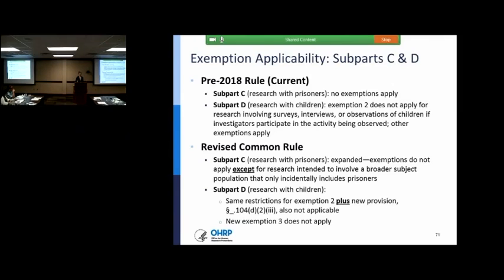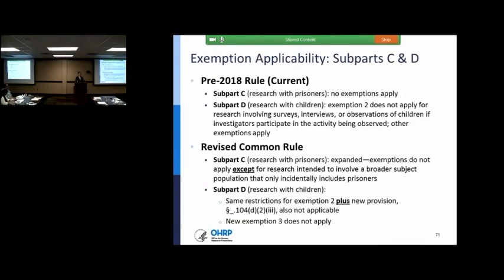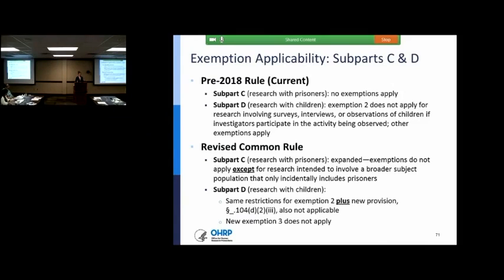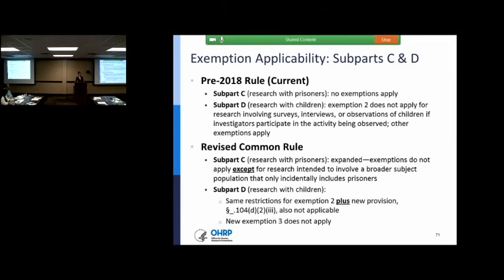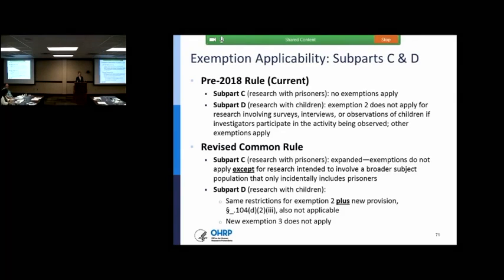So this exemption could apply in research that was intended to target a much broader subject population, but only incidentally includes prisoners. If you have a study that includes a whole broad population, but it happens throughout the course of the study that some of the participants become prisoners, now you would be able to use this exemption for those particular kinds of studies, but it's limited to just those circumstances.